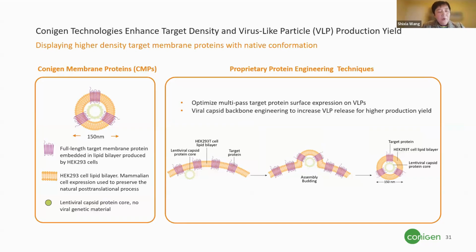This is all produced using mammalian cell expression. The multi-transmembrane proteins are embedded in the natural lipid bilayer, very similar to the proteins on the cell surface.